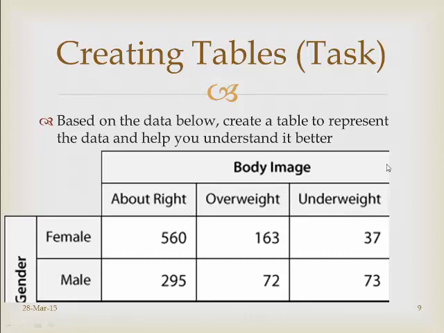Now, what other things can I include in the table so that it will be clearer? It will help to represent the data better and help you understand it better. Maybe write down some points as well. You can pause the video here, write down some points, and we will discuss in class what elements to add to the table to make it better.